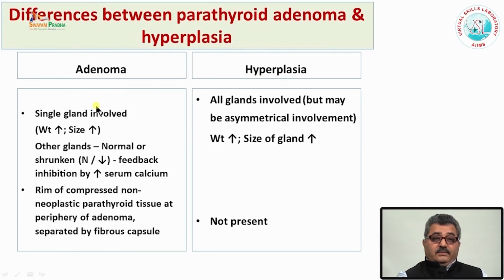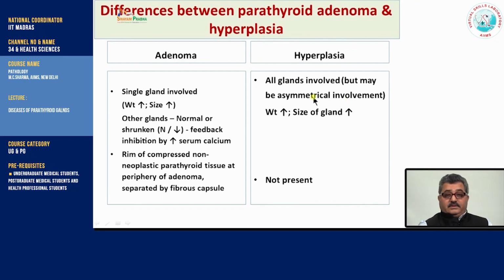This shows the differences between the adenoma and the hyperplasia. As I mentioned, in the hyperplasia, all four glands are involved, and sometimes there may be asymmetrical involvement, which causes nodular hyperplasia that can be confused with adenomas. But in adenomas, usually a single gland is involved, rarely two glands.